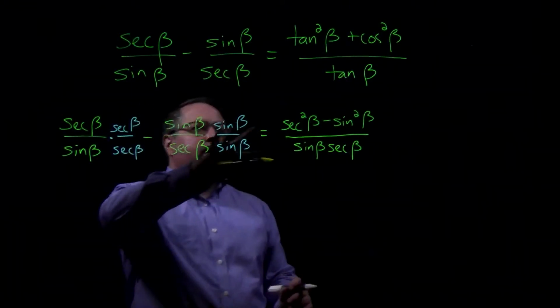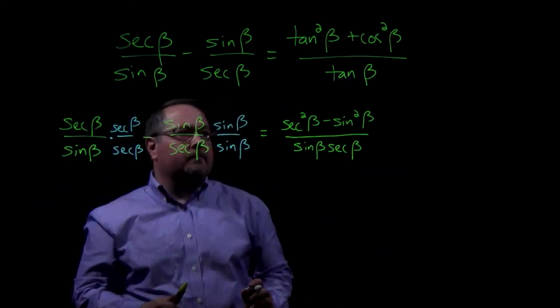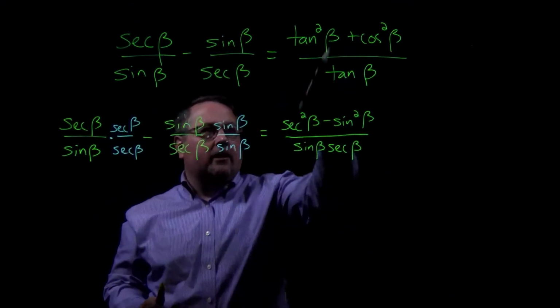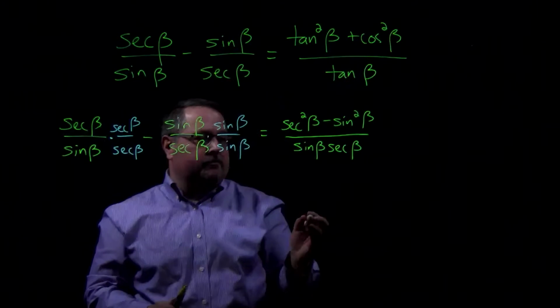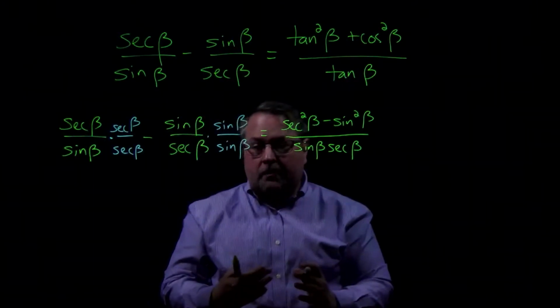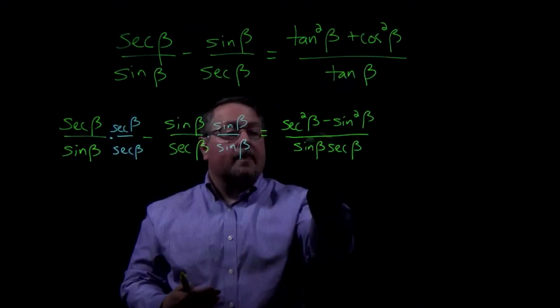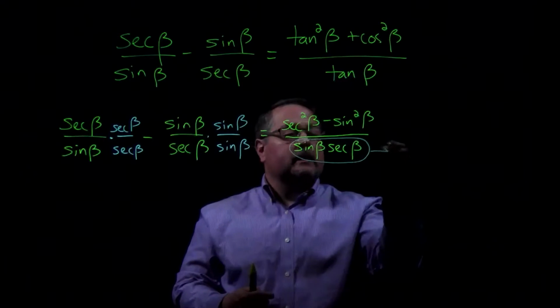Okay, so we have something that looks similar but not quite like the term on the right-hand side. So we want to make what we have here look like tangent squared plus cosine squared over tangent. So now we want to fall back on some of the techniques that we talked about in the last lecture. So note first, we have a sine times a secant.